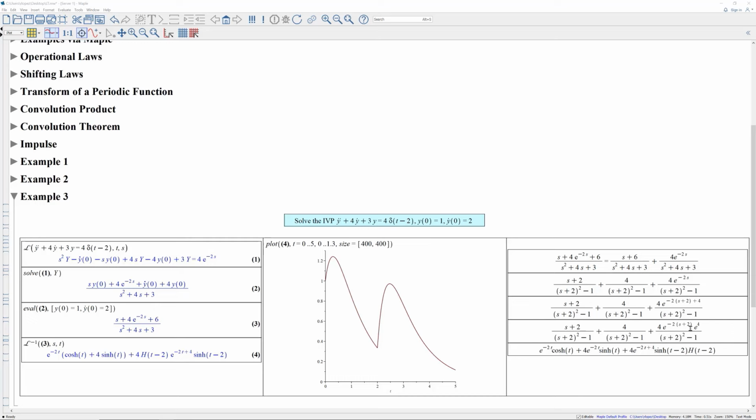So now here everything is s plus 2. This is the shifting flag. It tells you that you're going to need a Heaviside function. So this is 4 e to the 4, so you have the shift here, e to the 2t plus 4, hyperbolic sine, Heaviside.